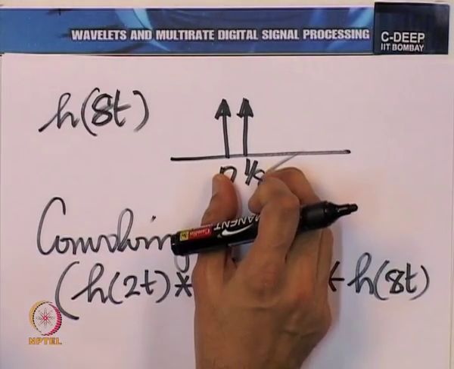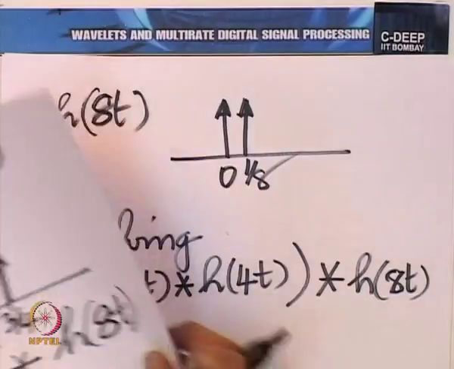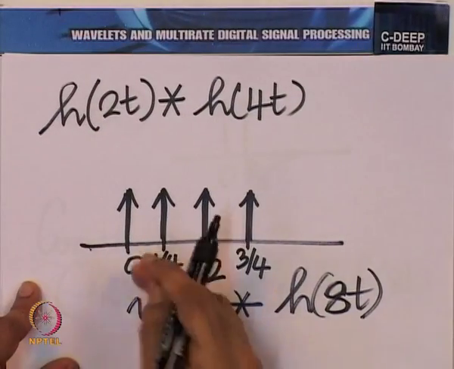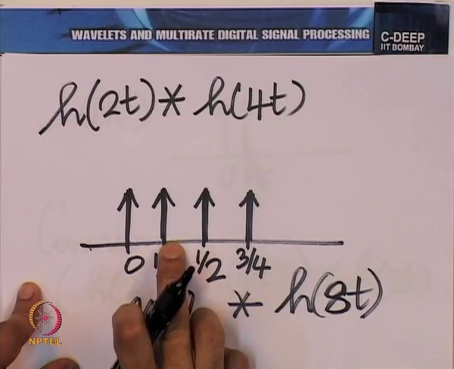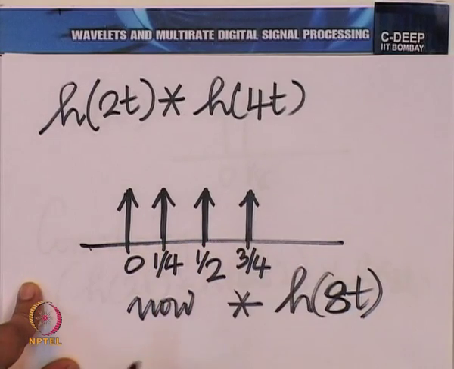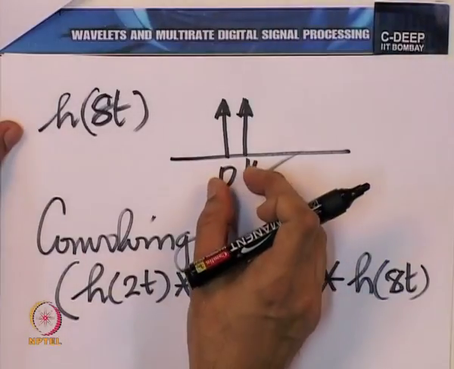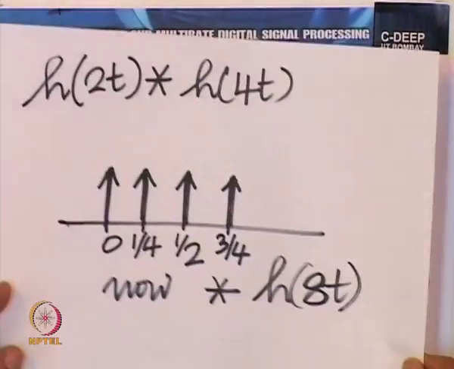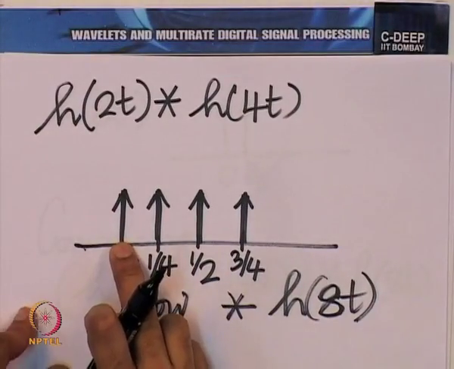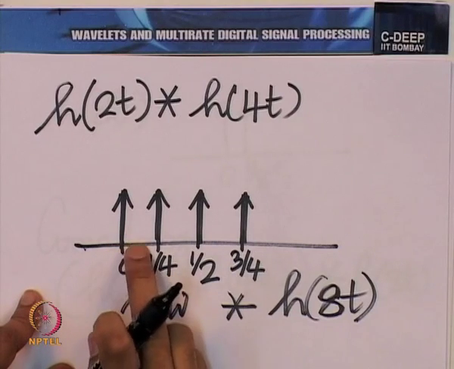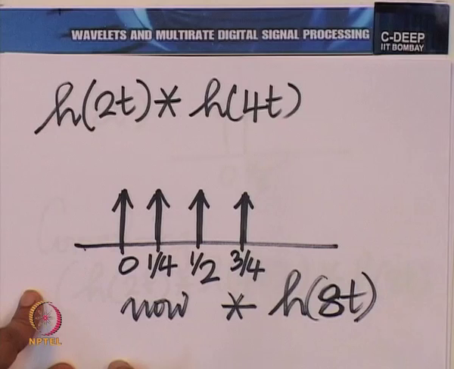Essentially, this has to be located here, here, here and here, and all these relocated h of 8t's should be added together. Now, when you locate h of 8t here, you will get an impulse at 0 and 1/8 here in the middle.